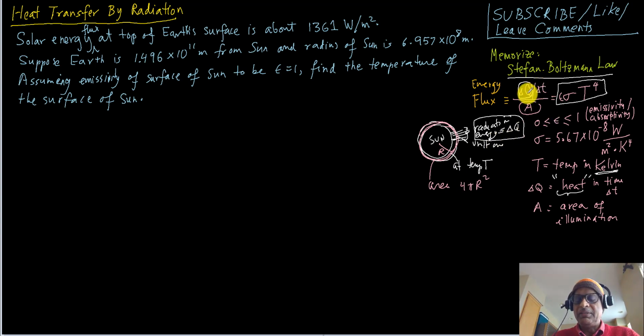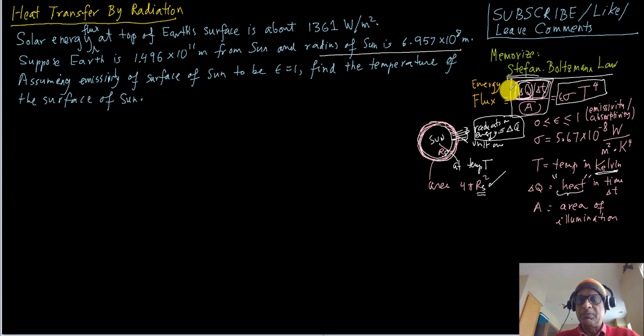So if I knew how much energy was coming out of here per unit time, if I knew this numerator, then I would know the left side of this, right? So let's see, the radius of the sun is given to us, so we know this.